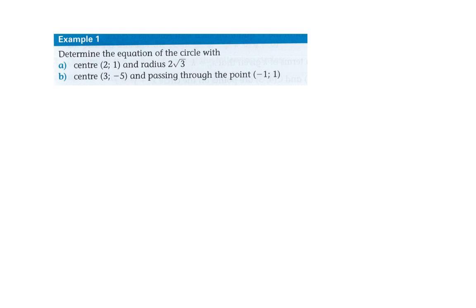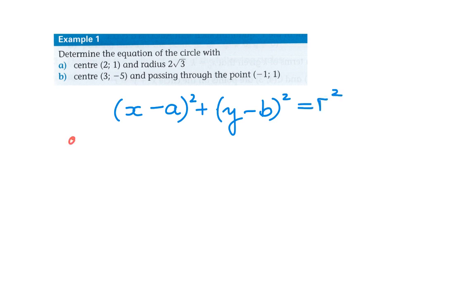If I'm looking for the equation of a circle, then I know that I need to start with (x minus a) squared plus (y minus b) squared equals r squared. If I look at question A, the center of the circle has given coordinates (2, 1), and the radius of the circle is 2 square roots of 3.